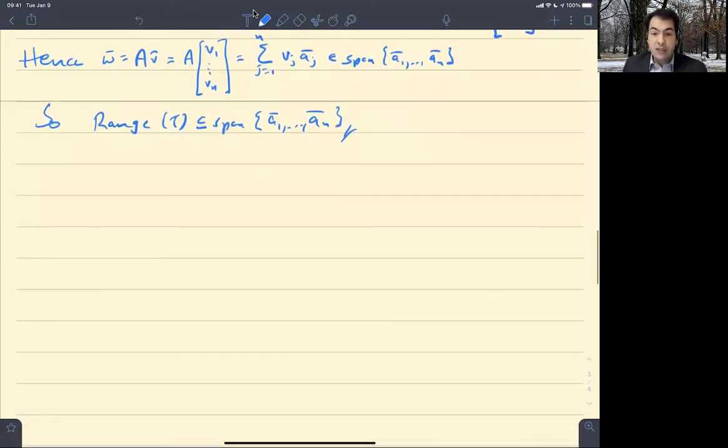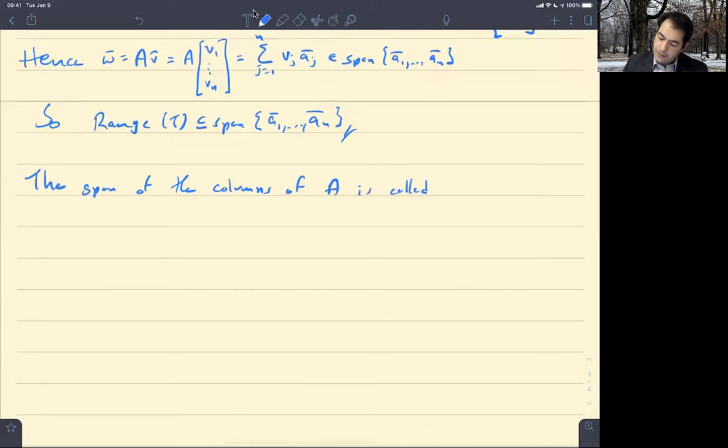The range of T, when you're going between Fn and Fm, is the same as the span of the columns of the matrix representing T. So we give that a name too. The span of the columns of A is called its column space.